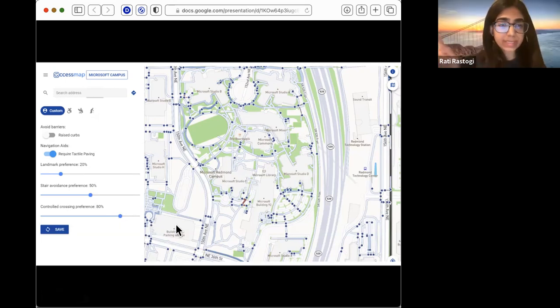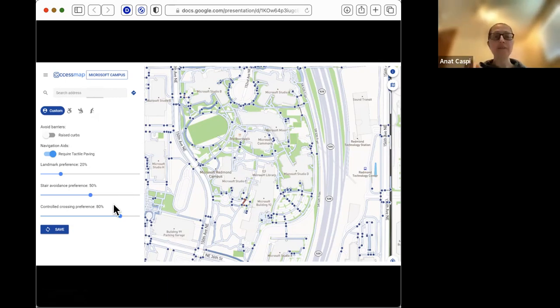Yeah, so what is the percentage on that scale? So what I'm not addressing here, which is a really big question for us, is the human factors. And thank you for asking that, right? In all of this, a lot of these attributes or preferences that we're asking people for are not super well defined, in the sense that even when AccessMap asks you, what is your maximum uphill incline?